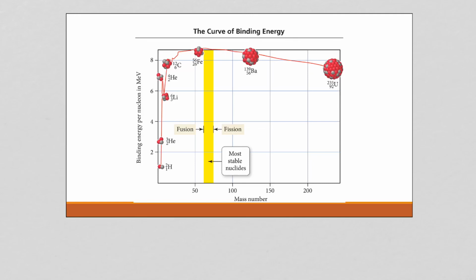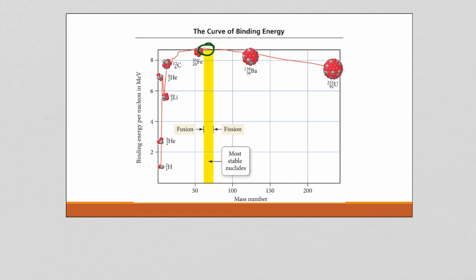Binding energies peak out around iron-56, where we get binding energies on the order of 9. So this binding energy curve maxes out at iron-56 with a little bit above 8 mega electron volts for binding energy. In this area, that's where we find our stable nuclides.